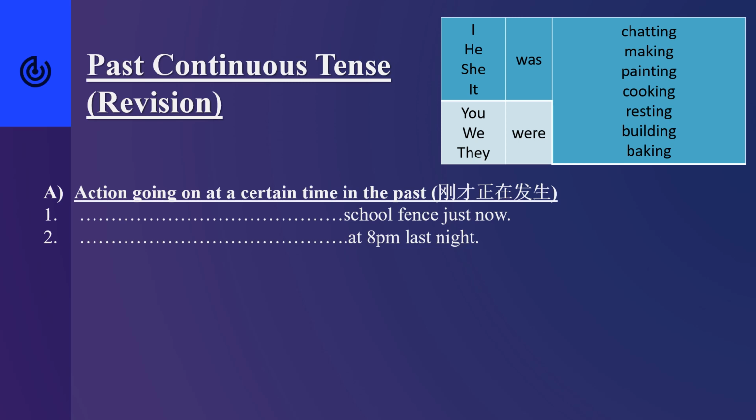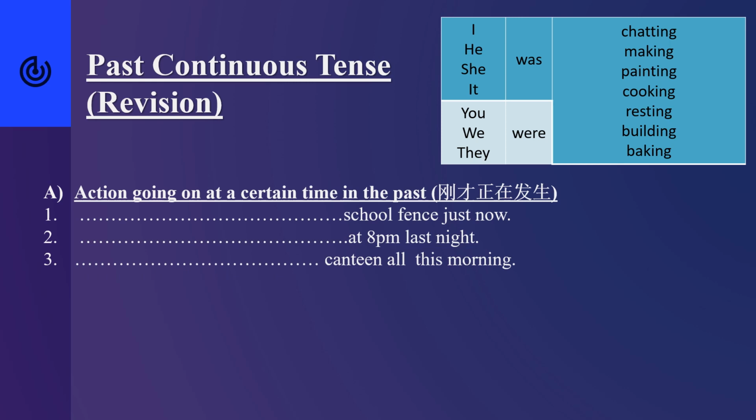And the last one, number 3. All this morning. 就是今天整个早上。Past tense is already a past. 今天整个早上，我们正在 canteen 谈话。谈话 is chatting, the first word.